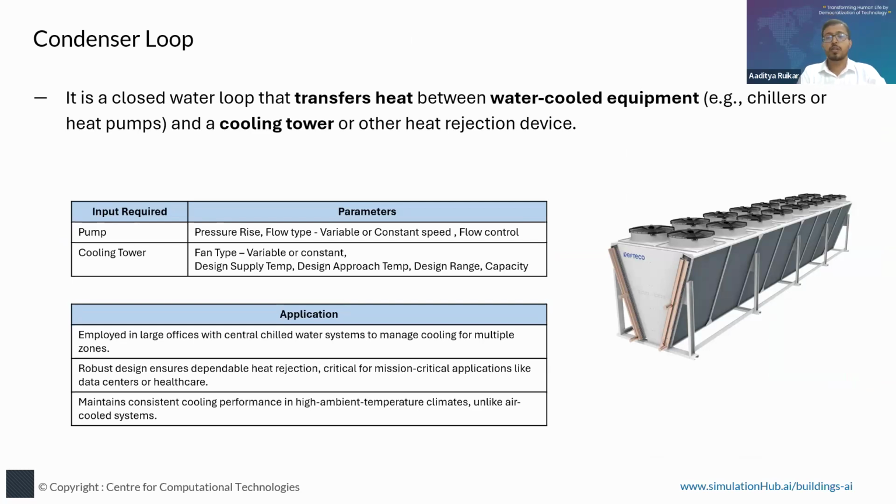The condenser loop is mostly used for larger projects where cooling using air-cooled chillers is hard to use, and you need to maintain consistent cooling performance, or when the ambient temperature is very high and it is hard to transfer heat to the air, so then water-cooled condensers are used.